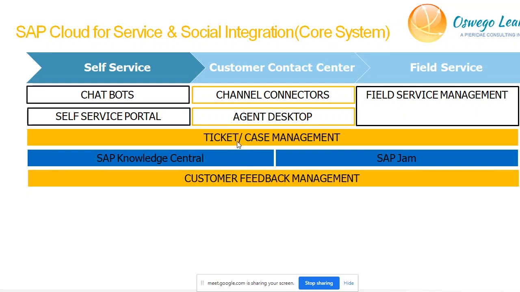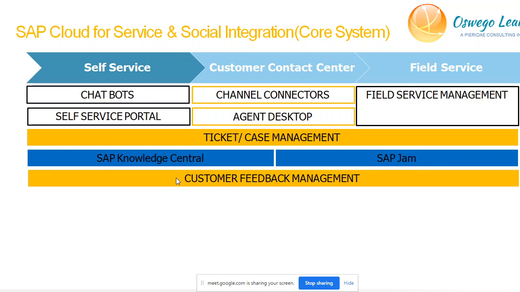And it starts with creating a ticket, or case management. Whenever some issue is there, or service time is expired, or servicing is required, it starts with the ticket. It is powered by the knowledge center. The employee as well as the customer can get knowledge from service cloud, and it is powered by SAP Jam, which is nothing but the knowledge center of SAP.